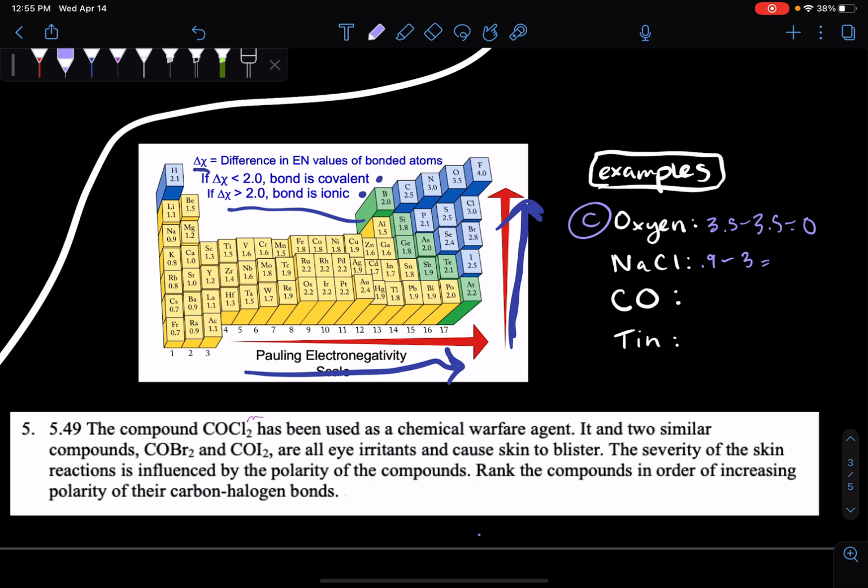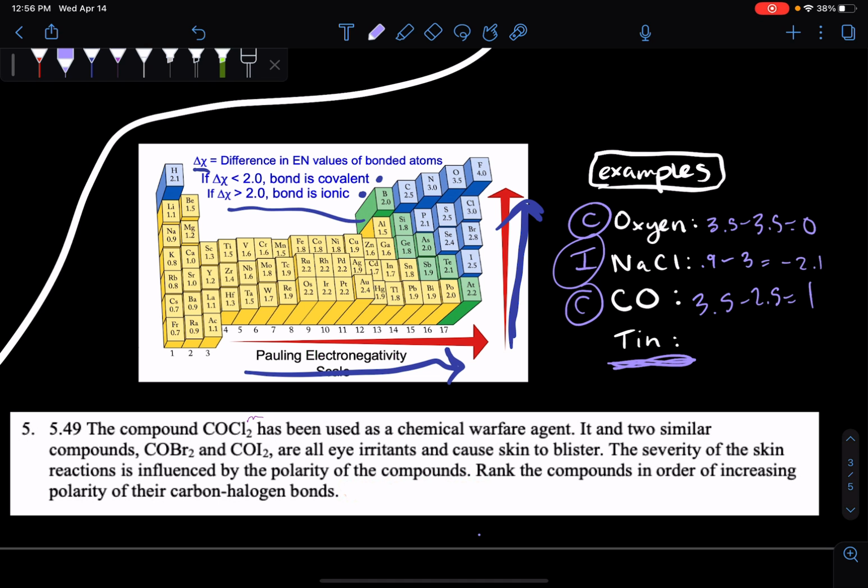That's going to give us negative 2.1. The difference is greater than 2, so that one's going to be ionic. Carbon monoxide, that one is going to be 3.5 minus 2.5, which equals 1. That's less than 2, so that's going to be covalent.